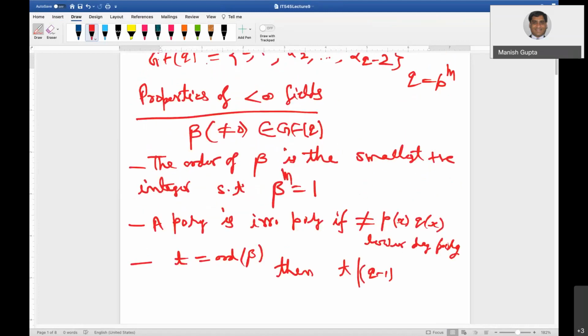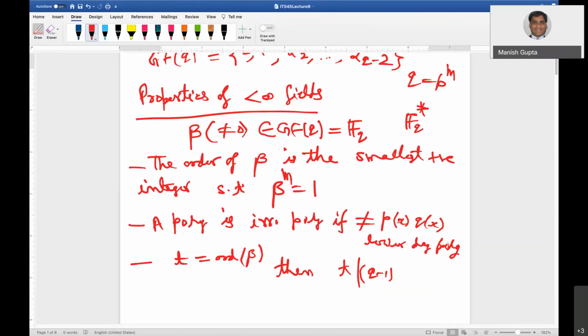If I call GF(q) as F_q, then F_q star means you look at F_q and delete 0 from it. All non-zero elements form a multiplicative group.